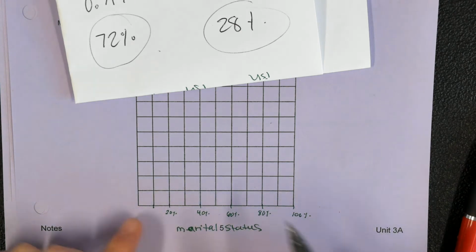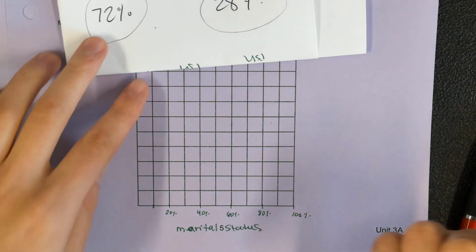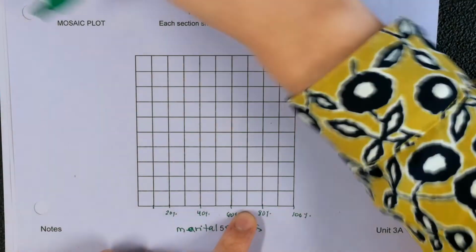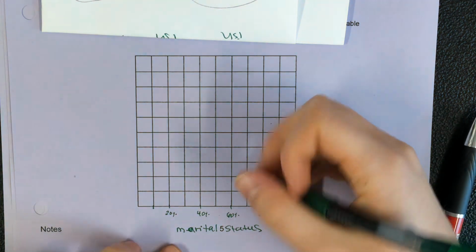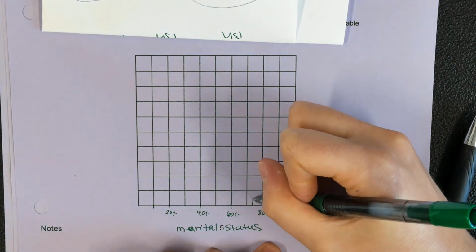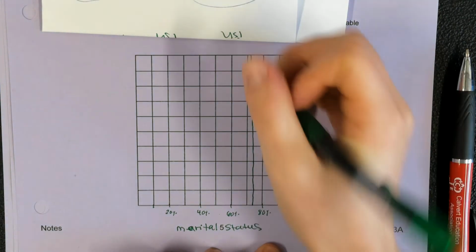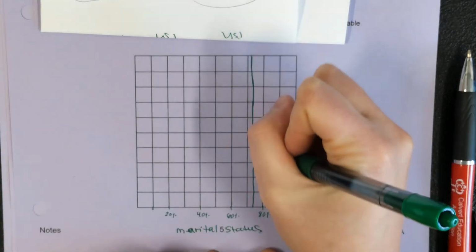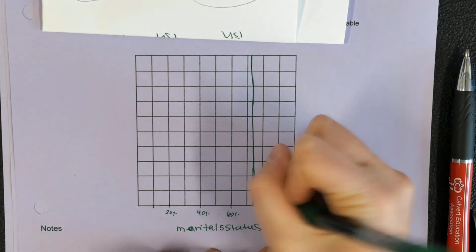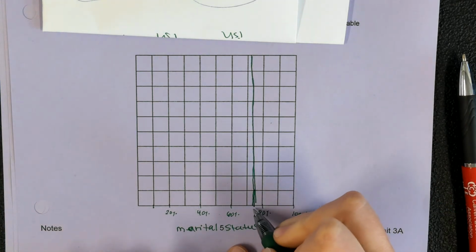Out of all the people we surveyed, we saw that 72% of people were married. So right here, our married people are going to take up about 72% of this. Right where 72 is, that's what this line is.